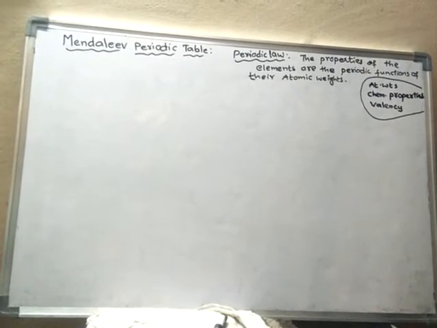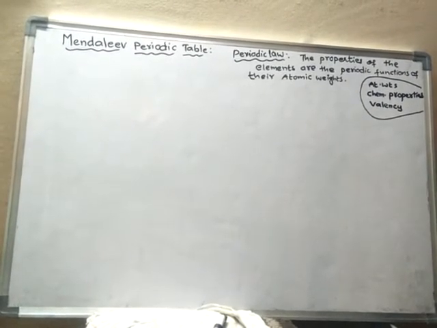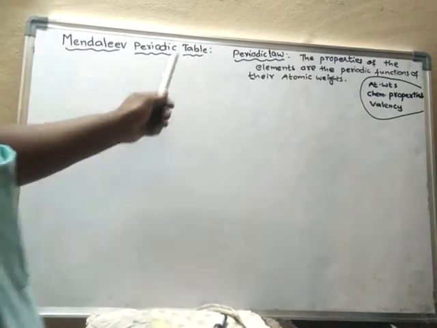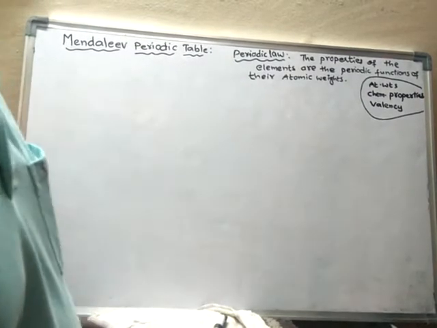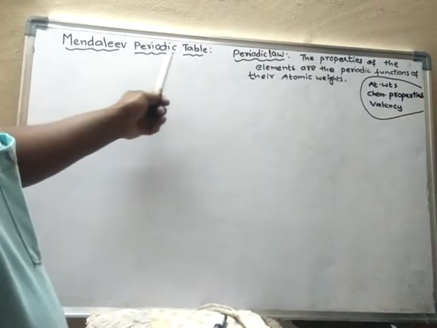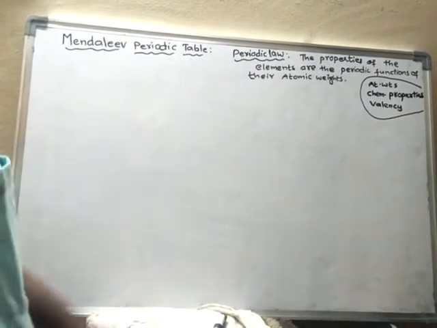So all these things we learnt about in our previous video. Now we will learn some more points about Mendeleev periodic table. See, Mendeleev periodic table is based on periodic law. So what is the periodic law on which this periodic table is constructed?